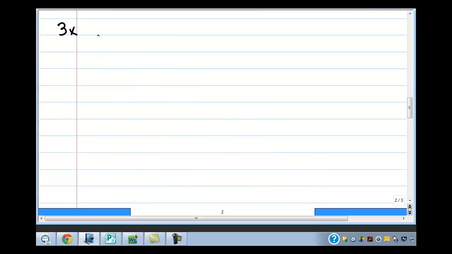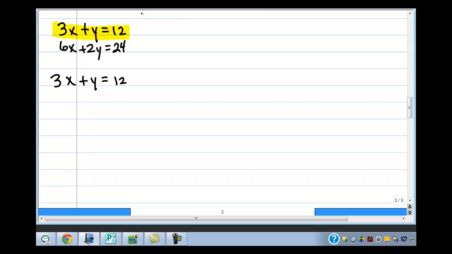Now let's look at 3x plus y equals 12 and 6x plus 2y equals 24. Let's pick an equation to solve for the variable. We're solving for y, so subtract 3x from both sides. So y is equal to negative 3x plus 12. So there's the answer for the first step.